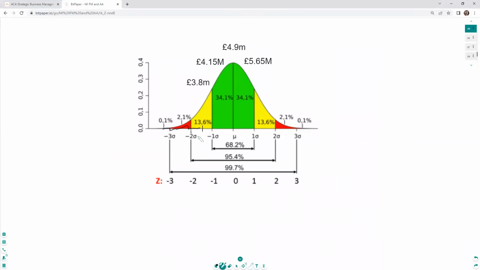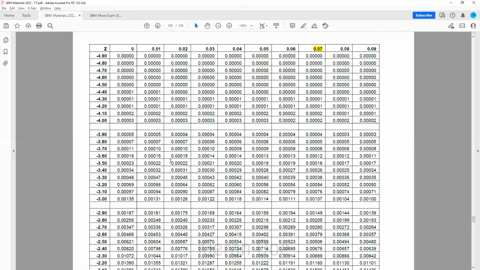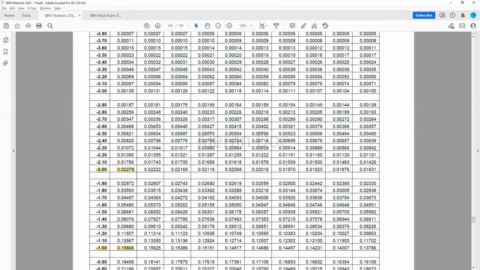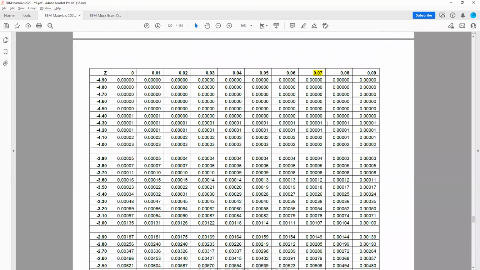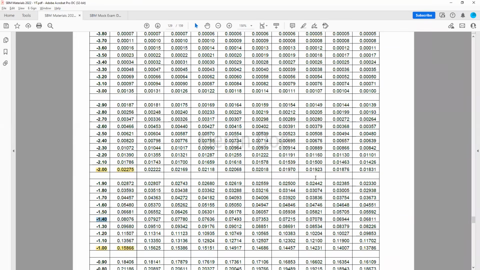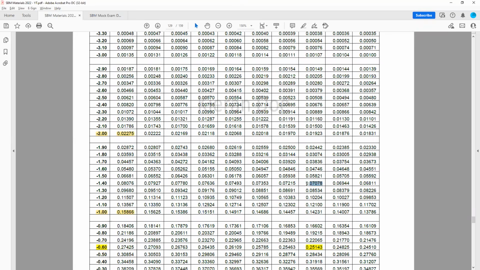So we're looking to find out what the probability would be if we're 1.47 standard deviations away from the mean. So we just look it up. We've got the 1.4, and then we would want the 7 as well. So we've got the 7 here, and then we've got the 1.4.